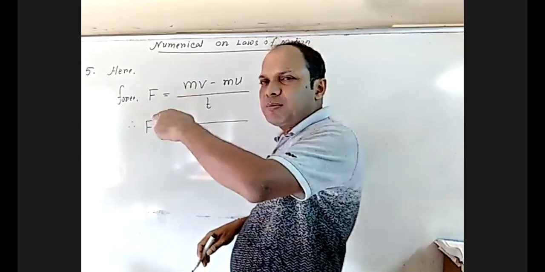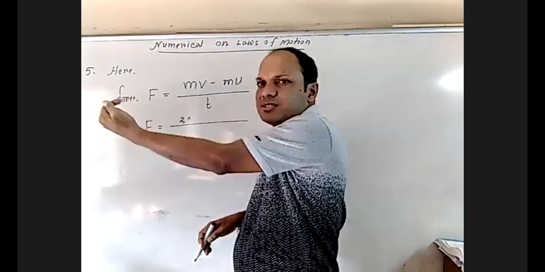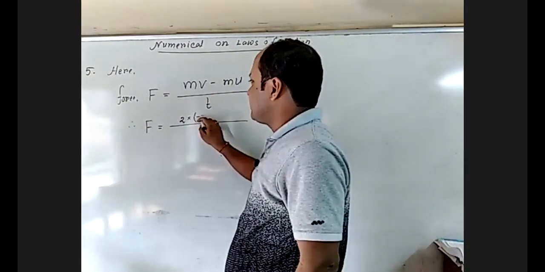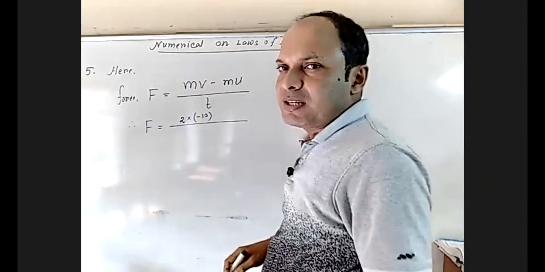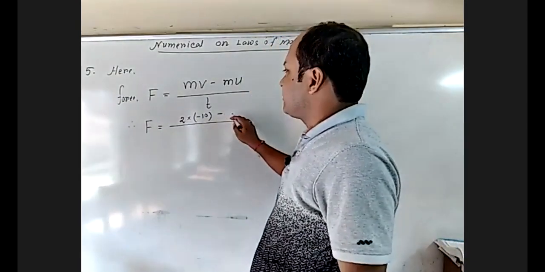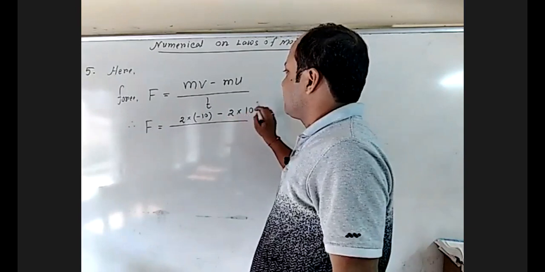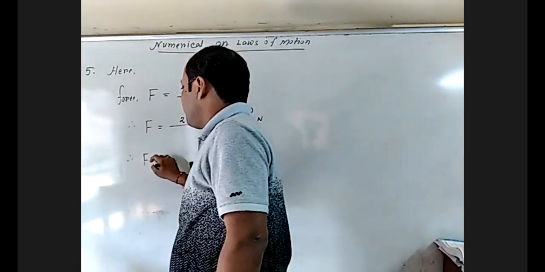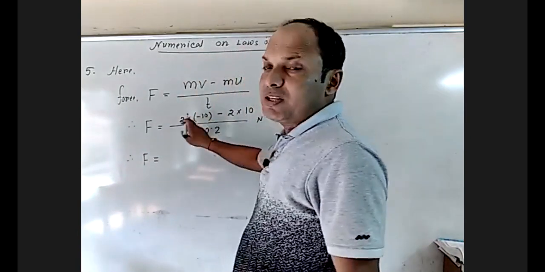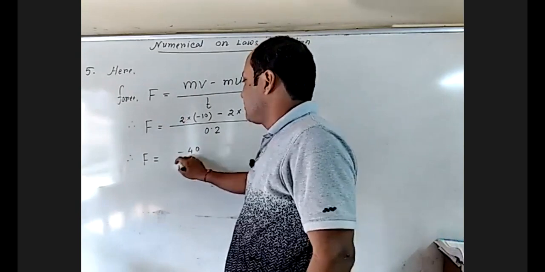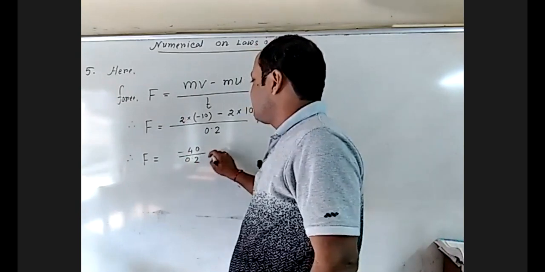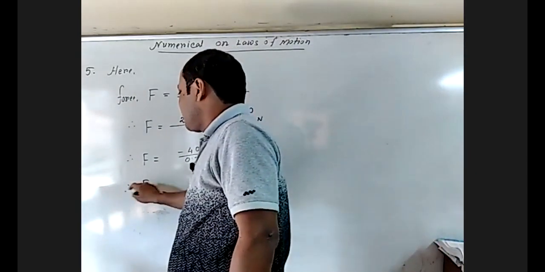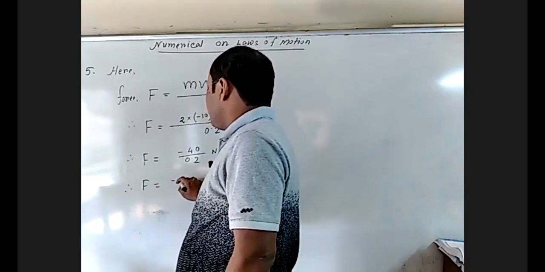Initial velocity was 10 meters per second and final velocity is in the opposite direction, minus 10 meters per second. This is the velocity when it returns back. Now the duration of time is 0.2. Therefore force equals minus 20 minus 20, minus 40, divided by 0.2. So it will be how much? Minus 200.